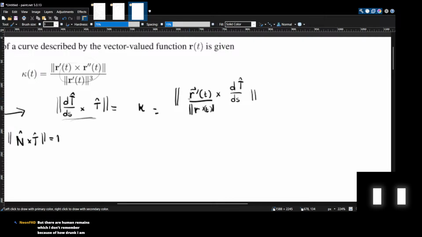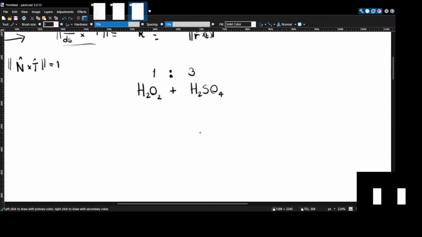Very human remains, which I don't remember because of how drunk I am. Nice, nice. You can get rid of them by using what was it called? Piranha solution. Yeah. If you combine H2O2, I think it's hydrogen peroxide, with sulfuric acid at a ratio of around, if I remember correctly, 1 to 3, you're going to get the piranha solution. Why do you think it got its name?